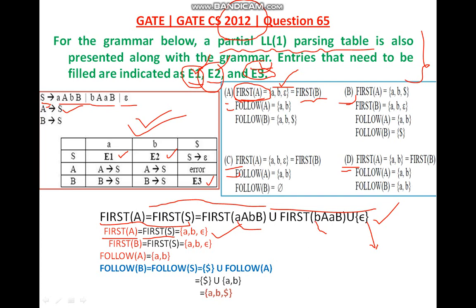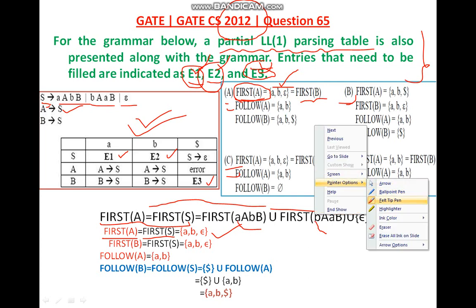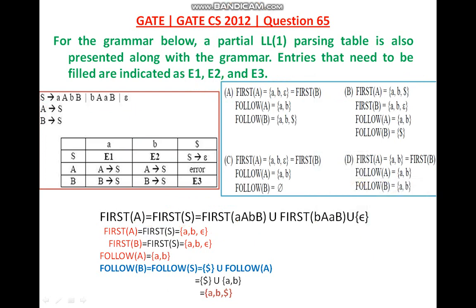Look here, from here first of B equals first of S, and we have already calculated first of S as a, b and epsilon. So first of A equals first of B equals a, b, epsilon. This entire option is right as of now.